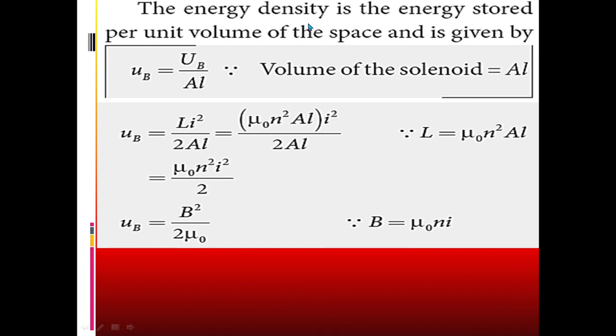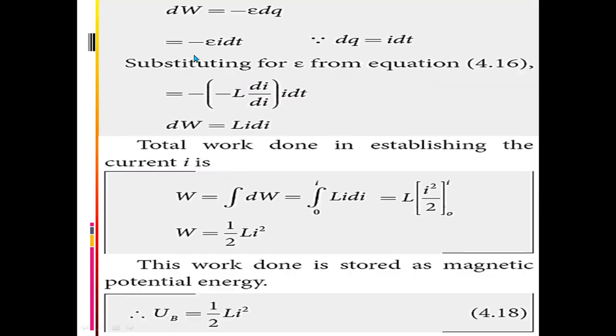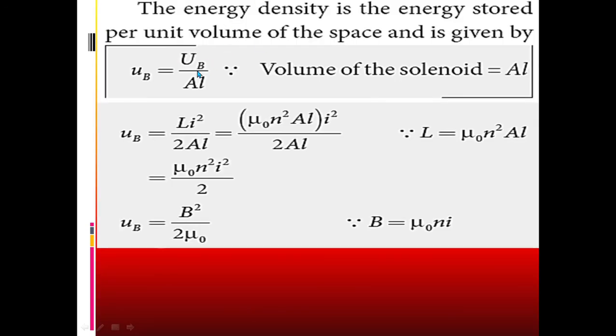Energy density is the energy stored per unit volume of the space and is given by small u_B, which is nothing but the energy density. Small u_B is equal to capital U_B divided by AL. AL is nothing but the volume of the solenoid, A into L. Already we know the formula for U_B: 1 by 2 L I square. Just substituting, small u_B is equal to L I square divided by 2 into AL.